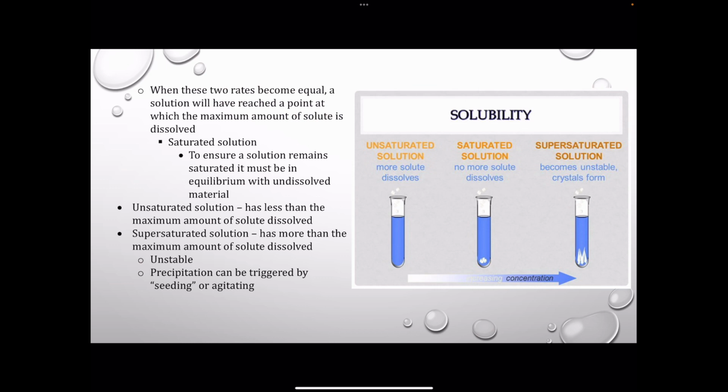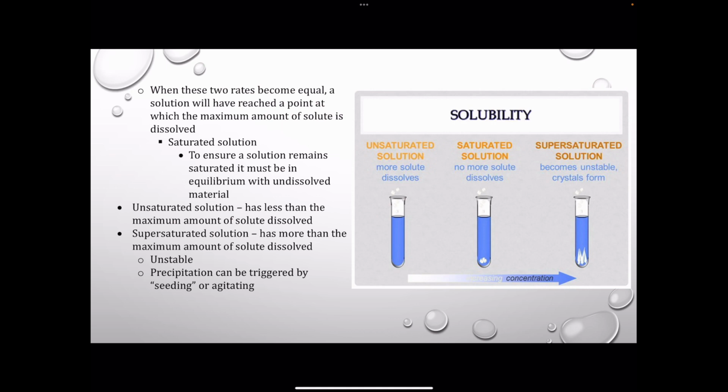So when we make a saturated solution, we add as much sodium chloride, for example, as will dissolve, and then we add more so that there's solid at the bottom that remains in equilibrium with our dissolved substance. So that was one situation where we have a saturated solution, no more solute will dissolve.